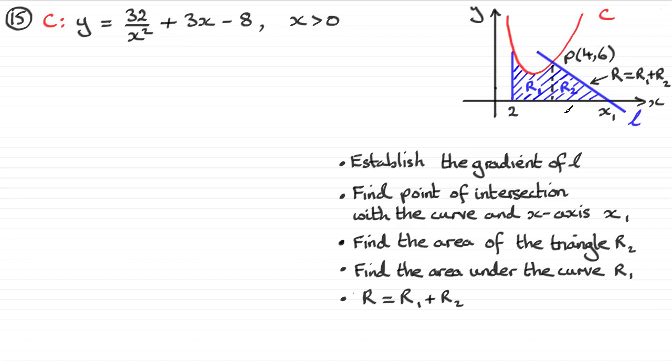Remember, we've got this point here, x coordinate is 4. So we've got this length once we found x1. We know the height of the triangle is 6 units, so we can use half base times height there and get that area. I'm next going to go on to working out the area R1, okay, and in order to do that I'm going to need to integrate our equation between the limits of x equaling 2 to 4.